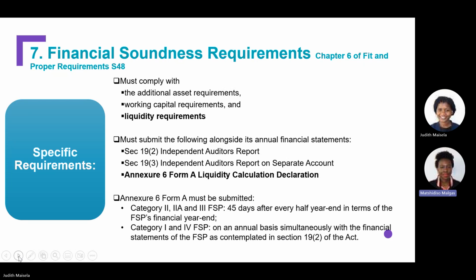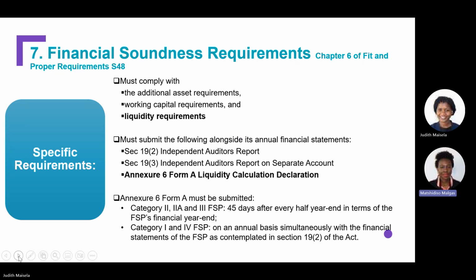There are requirements which are considered specific requirements in Section 48 of the Fit and Proper Requirements. These are called the additional asset requirements, the working capital requirements, and the liquidity requirements. For the purpose of this webinar, we will be concentrating more on the liquidity requirements. In addition to the financial soundness requirements, there are certain documents that must be submitted along with the financial statements.